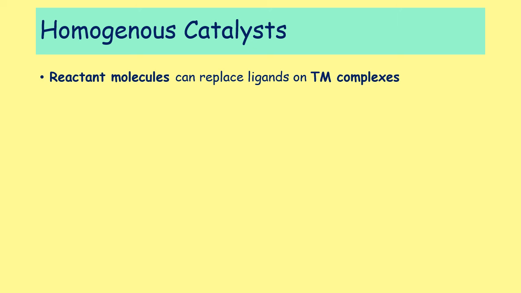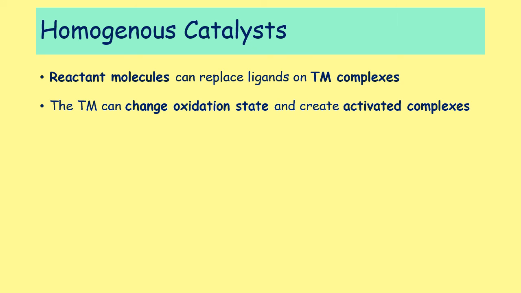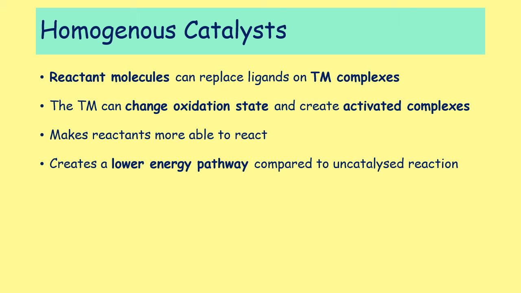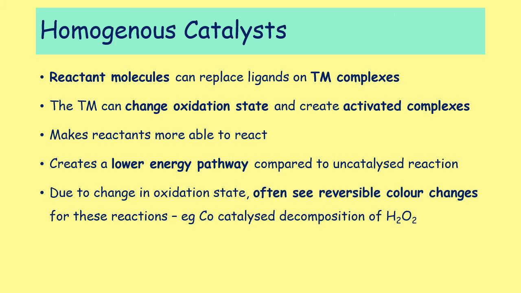When you introduce it to a chemical reaction, maybe that water gets substituted for one of the reactants. The transition metal is able to change oxidation state. We know that that's a really common thing. And by doing so, it might be causing oxidation or reduction of the reactant molecule, which will make the reactant molecule more reactive. And again, it's forming an activated complex, and again, creates a lower energy pathway.